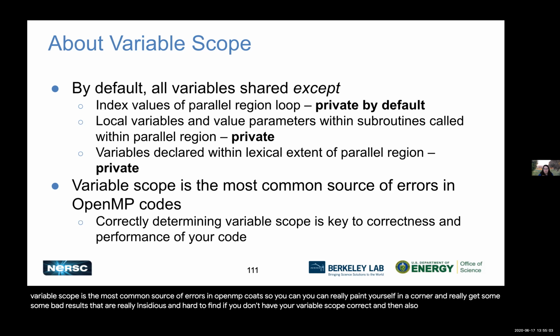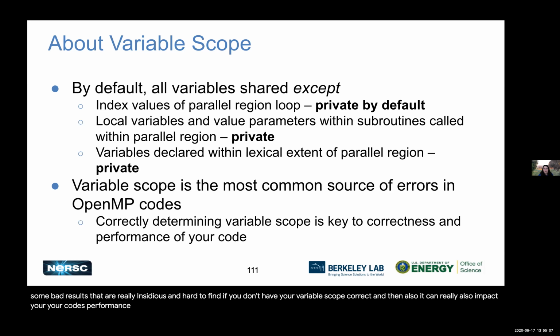It can also impact your code's performance at times. But the worst part is you can get these insidious errors where sometimes you run into the problem and sometimes you don't. You can't predict it exactly and you don't know what to do.